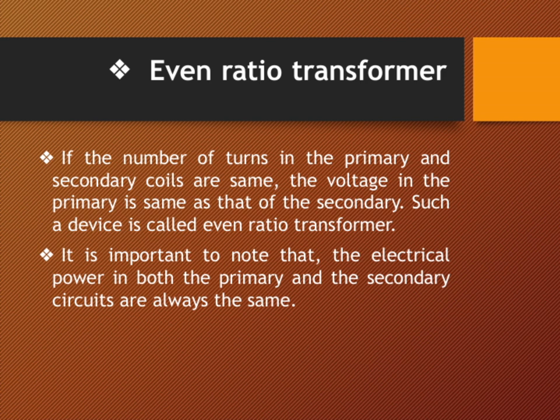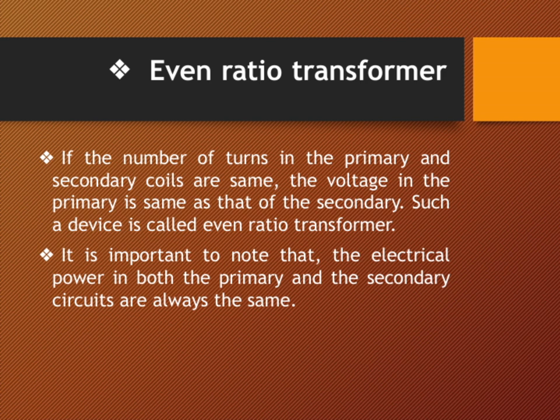So, even though the voltages are the same when the turns are equal, the overall power transfer stays consistent. This concept is fundamental because it helps us understand how transformers can be used to efficiently transfer energy without changing the voltage when needed. It ties into the broader idea of how transformers can be designed for specific purposes, maintaining power while adjusting other parameters.